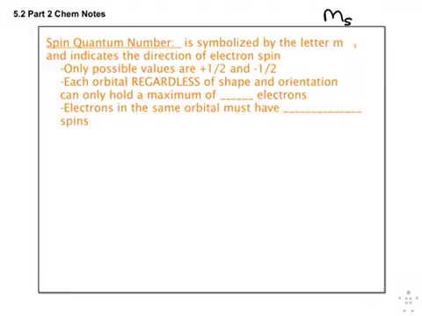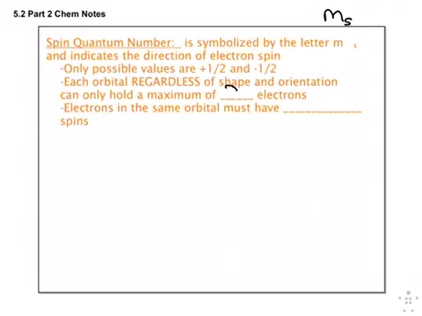So regardless of the orbital, or any of the other preceding quantum numbers for an electron, the only possible values of the spin number are +1/2 or -1/2.